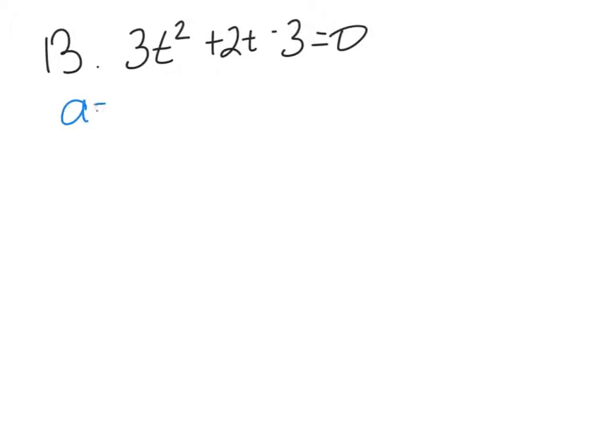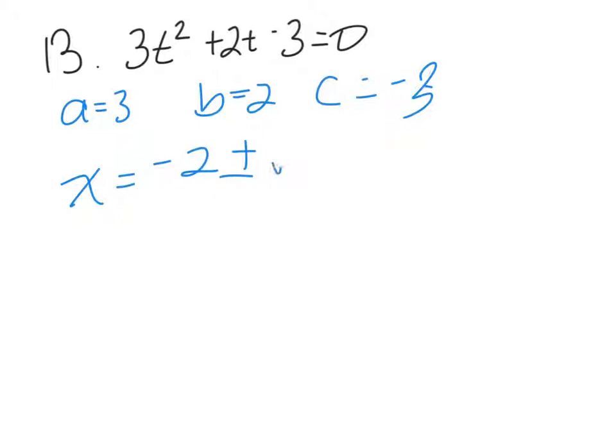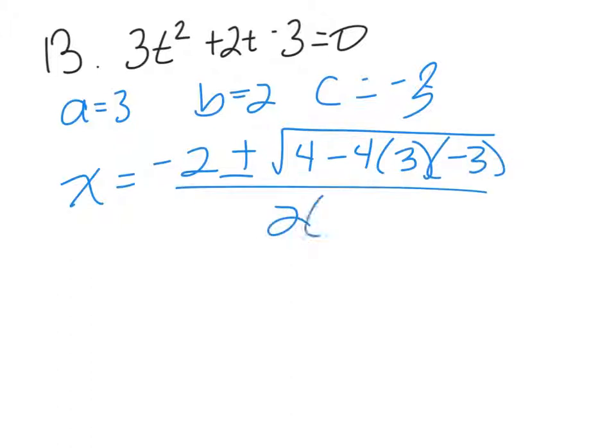Okay, A is 3, B is 2, and C is negative 3. So if we use quadratic formula, x equals negative b plus or minus the square root of b squared minus 4ac all over 2a.